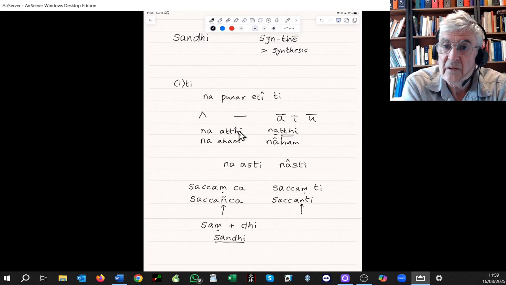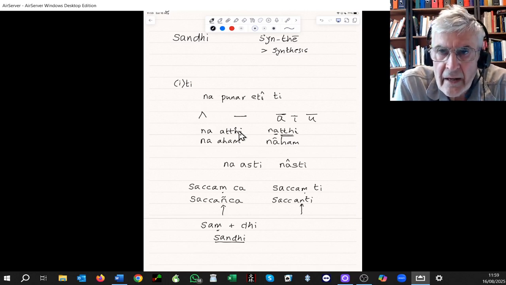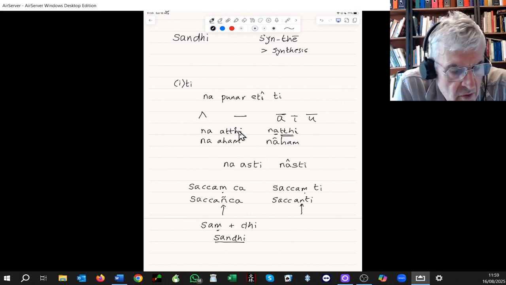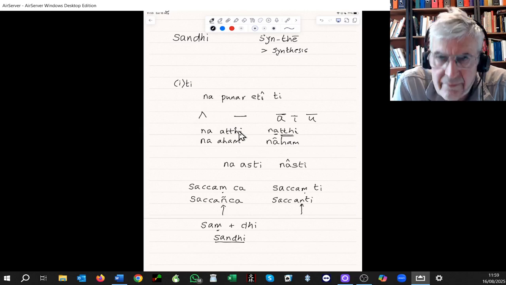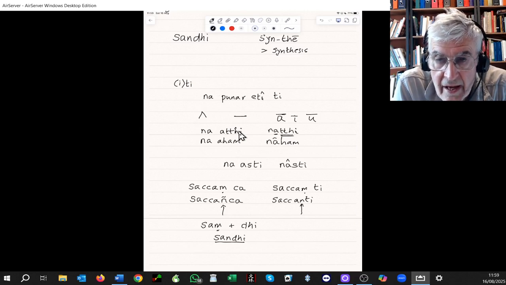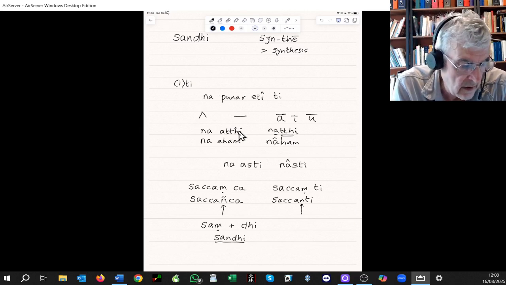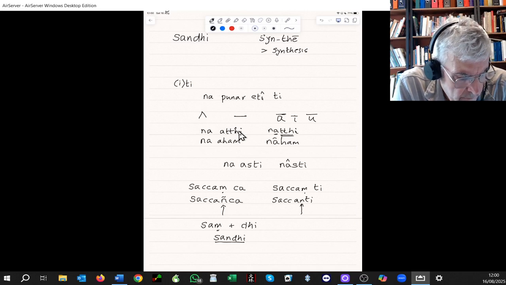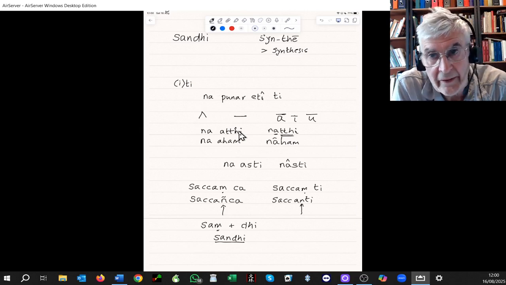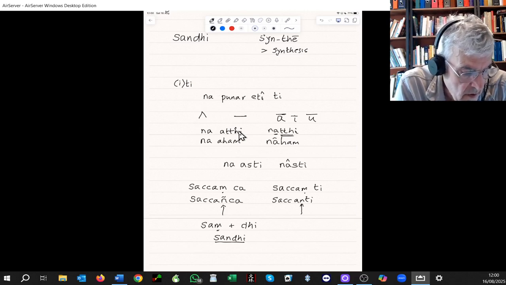Orexia means appetite in Greek, and being without an appetite is anorexia. So the a becomes an before a vowel, exactly as in Greek and as reflected in English. In fact, our English word un directly reflects that. So our un is a reflection of the a or an that we find in Pali and Sanskrit and in Greek.